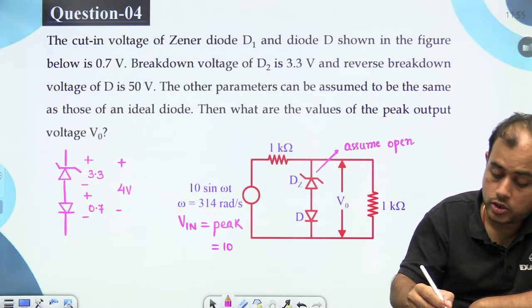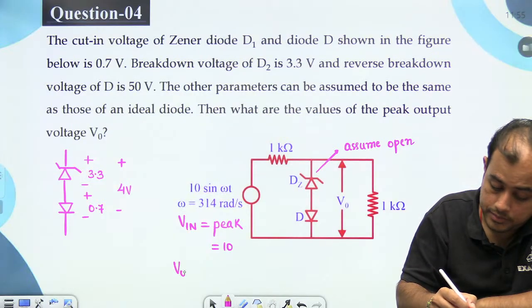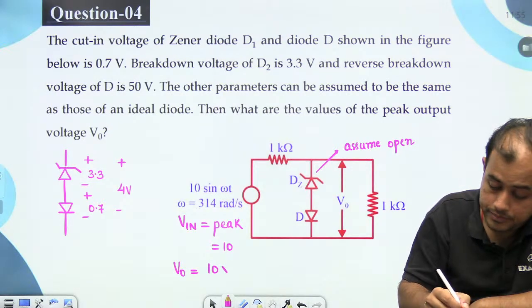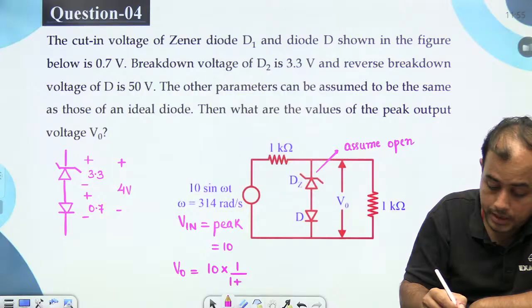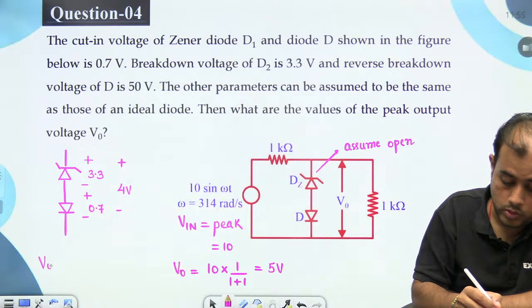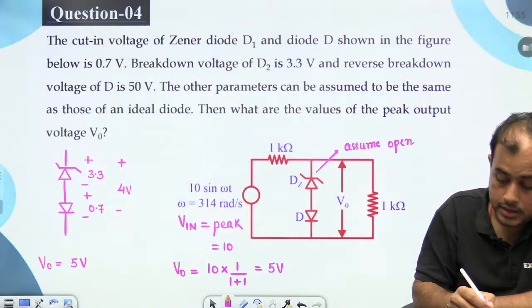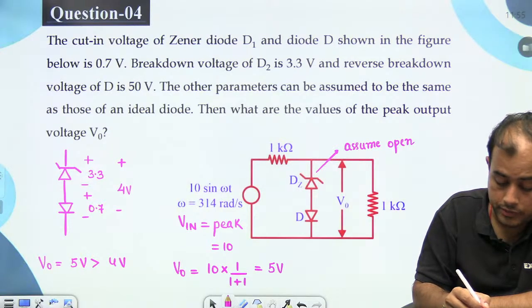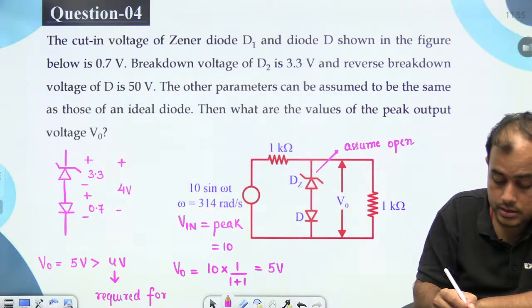Now, assume it to be open. What is V0? 10 into 1 by 1 plus 1, 5 volt. So, V0 equal to 5 volt is greater than 4 volt, which is required for branch to conduct.